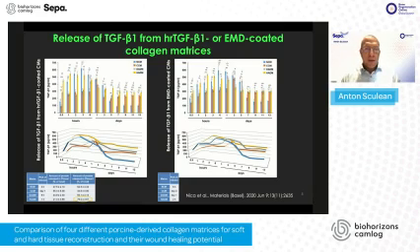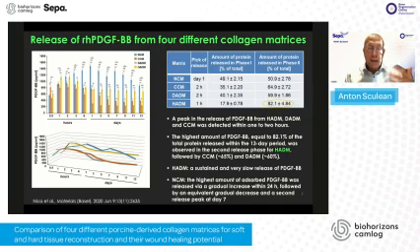In other words, it seems that this matrix absorbs the proteins. However, the first peak, after a couple of hours and days, is not as high. However, it is maintained on a long-term basis. And even after 13 days, these proteins are released, indicating that the wound is full of proteins even after this period of time. And this is very important.